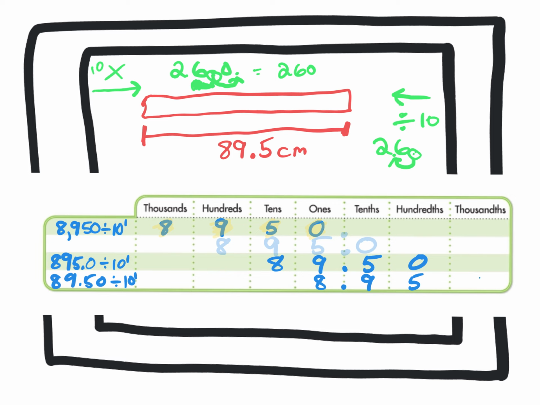So take a look at the decimal point for a moment. Even though the decimal really isn't moving, it's the digits shifting, it appears that the decimal went from here to between the 8 and 9. So that's the shortcut that we can use here.